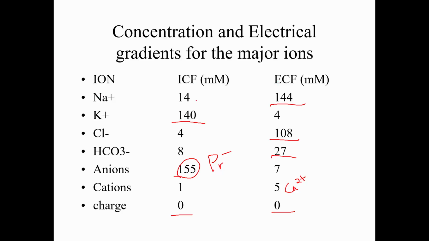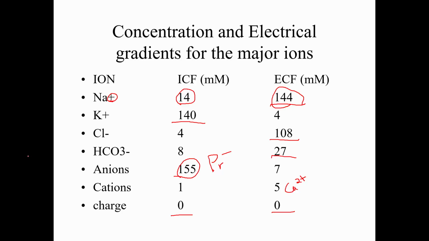If I have more sodium outside my cell than I have sodium inside the cell, the concentration gradient for sodium is out to in. If at rest, the inside of the membrane is relatively negative and sodium has a positive charge, then the electrical gradient is also from out to in.